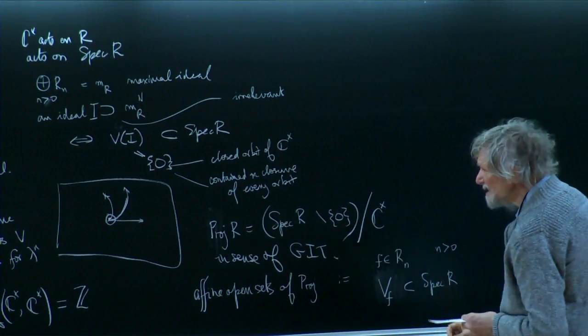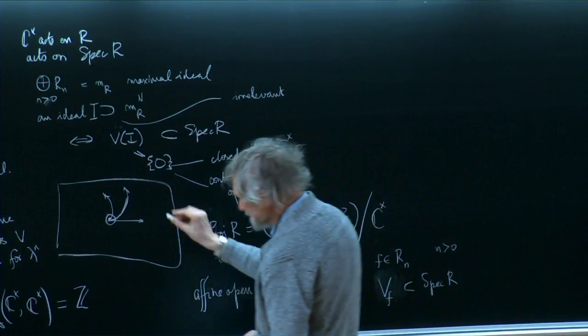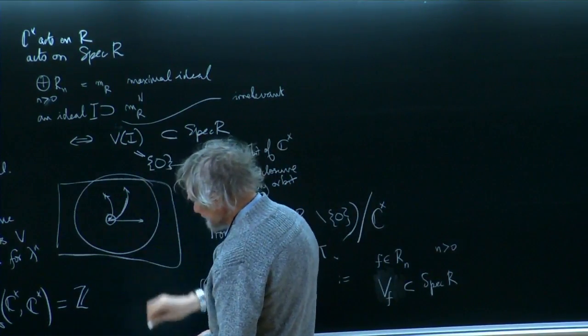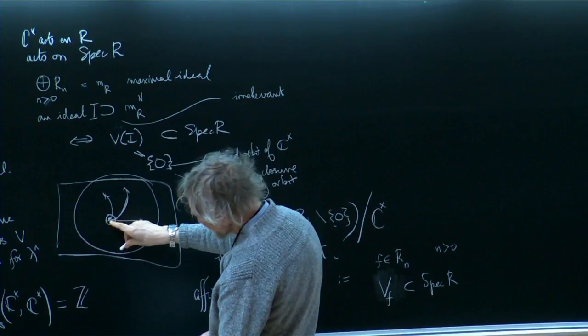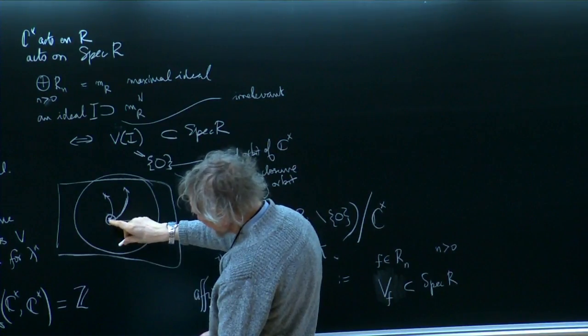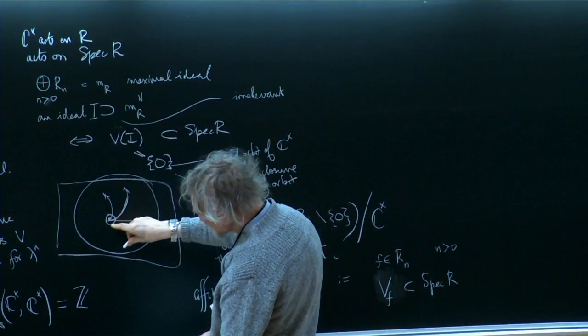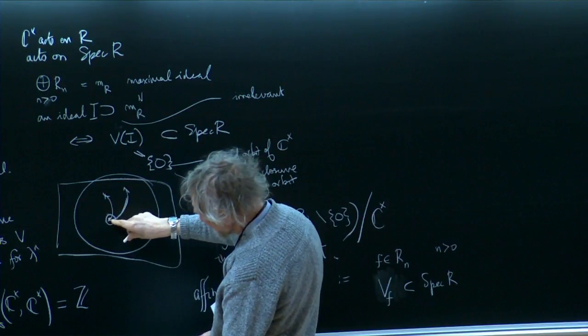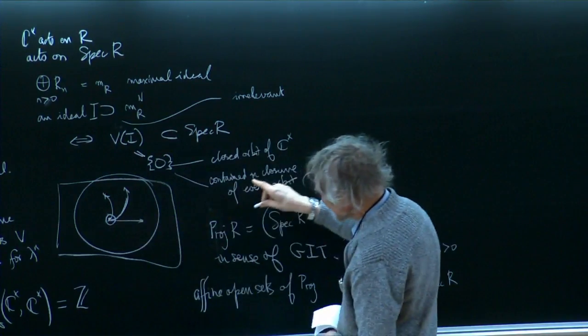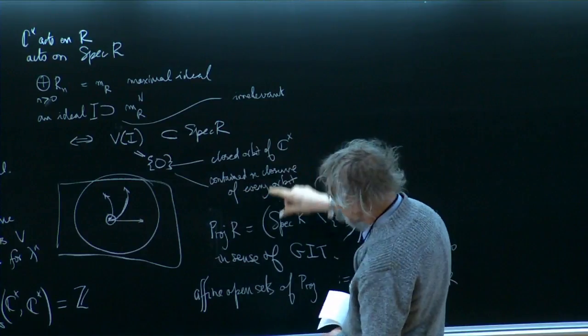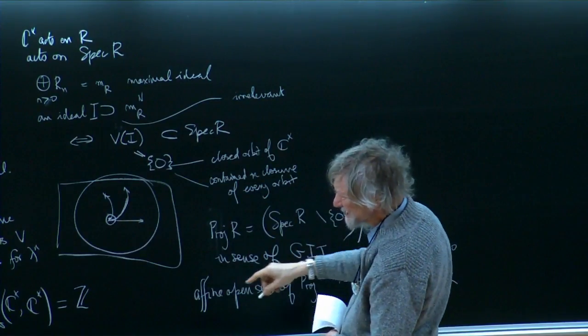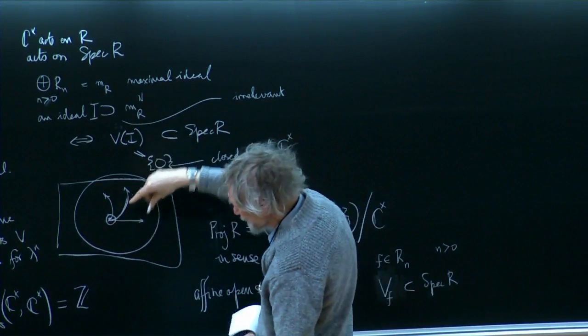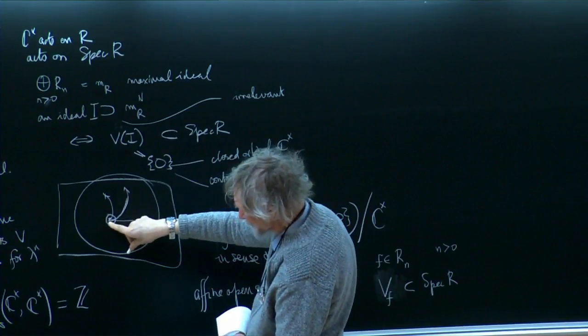So here's my R. If I'm talking about some open set that contains this point, then taking the quotient by the C star action is going to involve this problem that all of the orbits pass through one point.